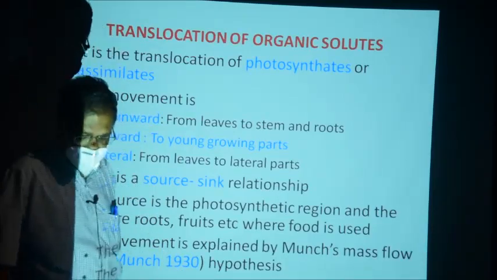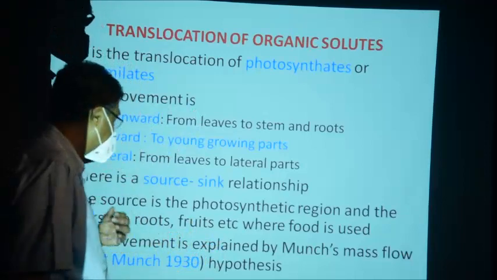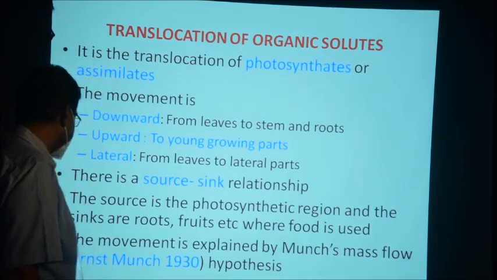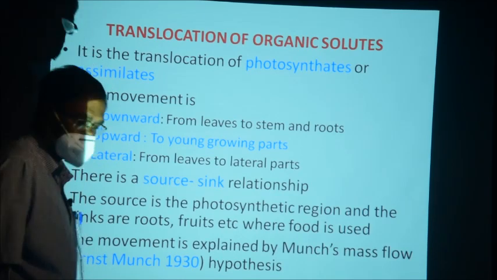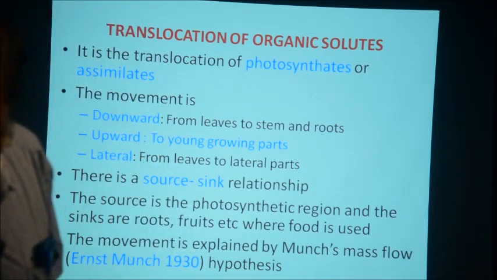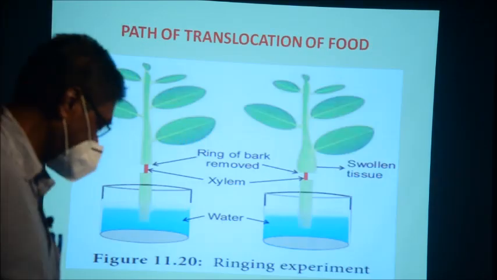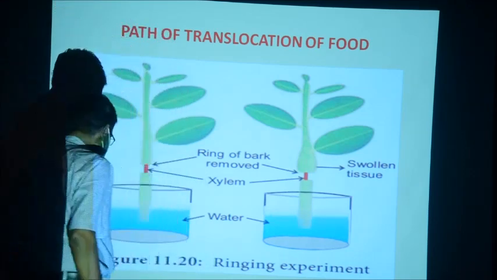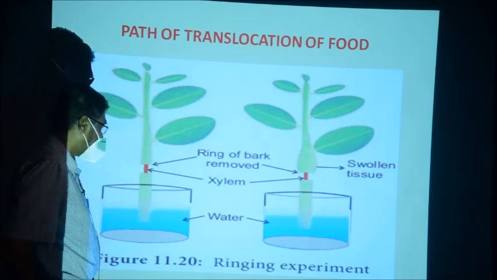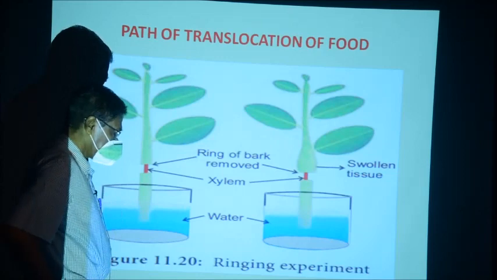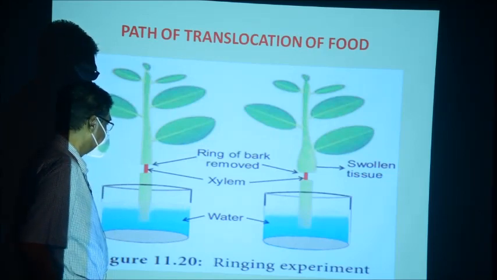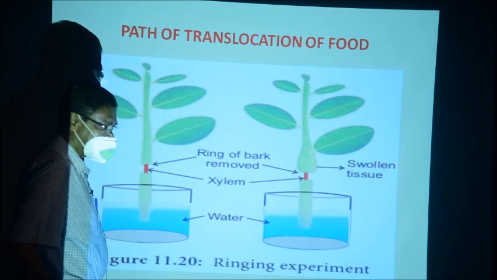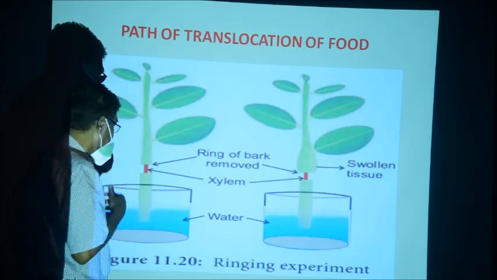So, there is always a source from which the movement takes place, and there is a sink where it is reached. The most acceptable theory of movement of organic solutes was given by Munch. As we have seen, movement of water takes place through xylem, and the evidence for this was the ringing experiment.